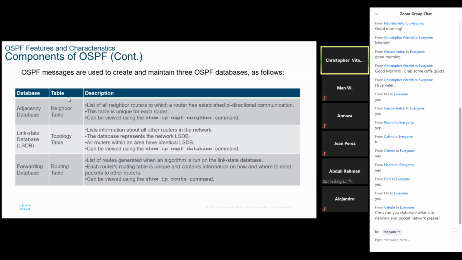And then you have O E1, O E2. You'll be more familiar with the O E1s and O E2s because that's what you see commonly. Unless you're running not-so-stubby areas like that, then your routes will show as O E1s or O E2s. That means OSPF external type 1 or OSPF external type 2. Remember, I told you the twos are a static cost.